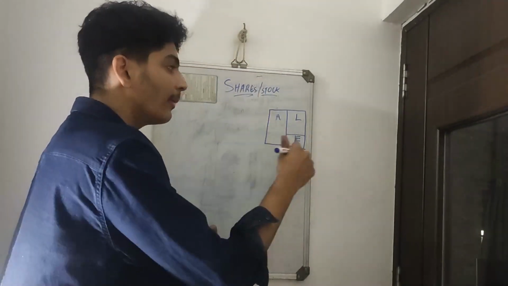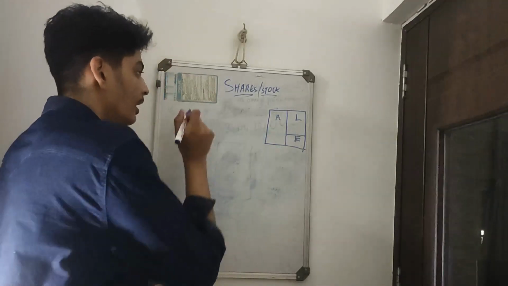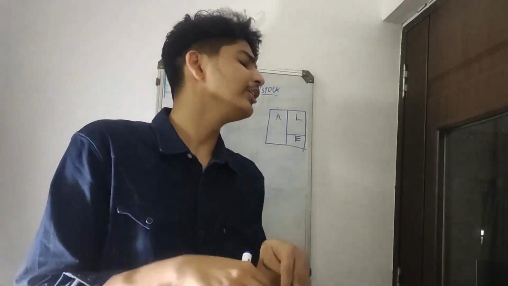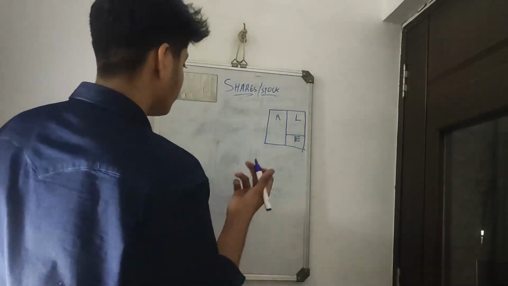Now, I have drawn the balance sheet here again for your reference. So, what does it mean when you buy one share or when you buy shares of a publicly traded company, that is, it appears on the stock exchange?